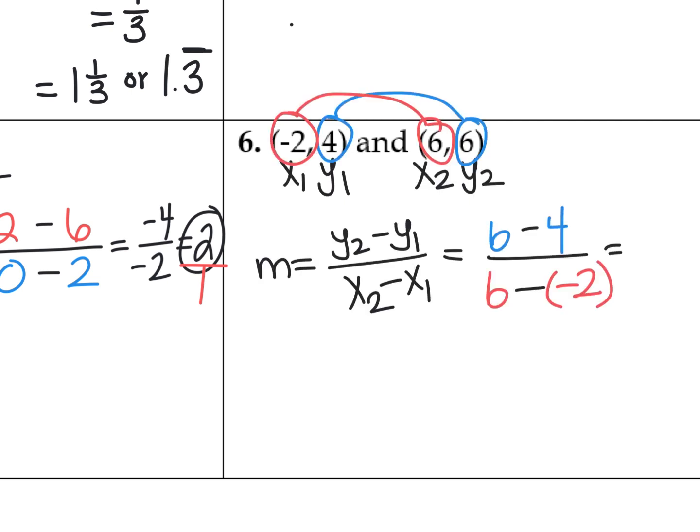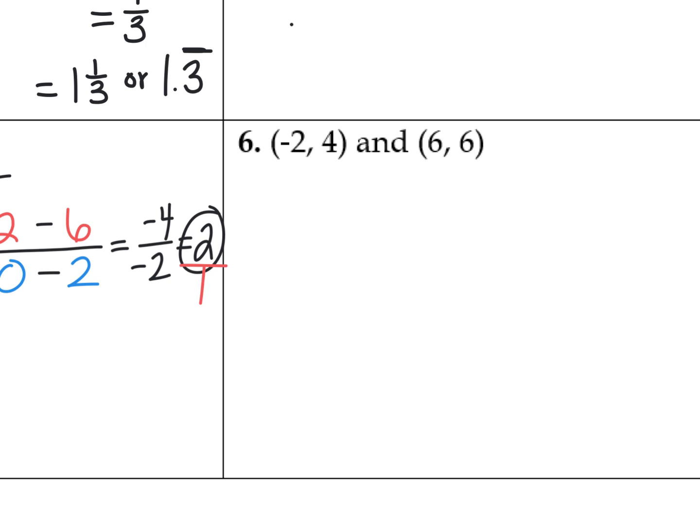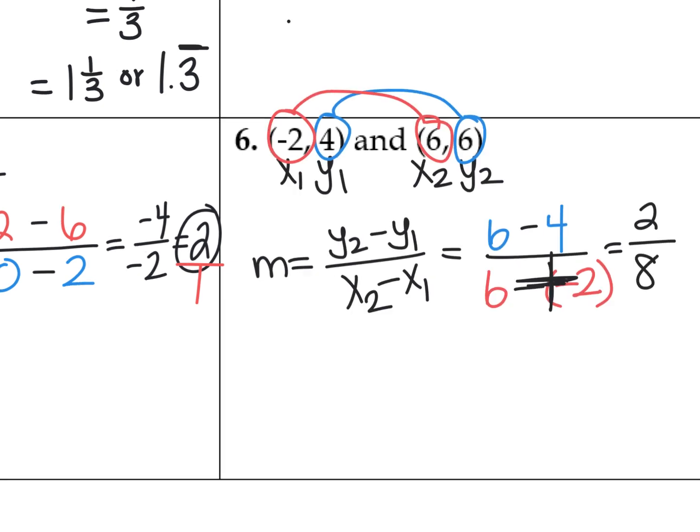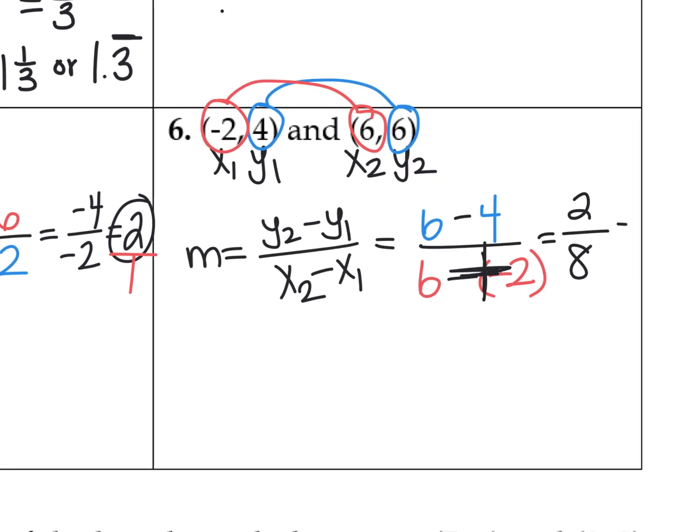And then we simplify. 6 minus 4 is 2. 6 minus negative 2 is the same as 6 plus 2, which is 8. So this one simplifies to 1/4. So this slope would be up 1 over 4 to move from point to point.